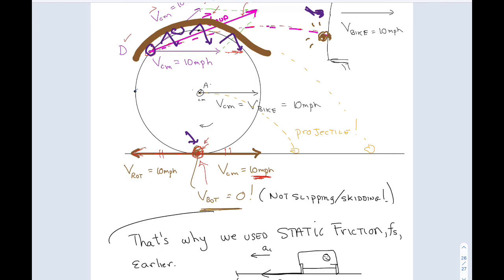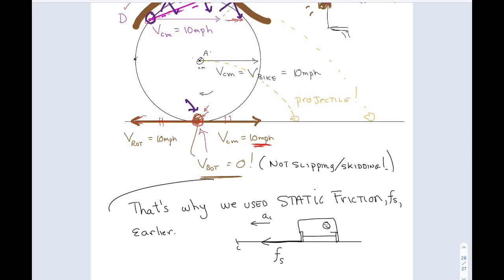So that's why, in the earlier chapters, we had the car coming at us. We knew the acceleration was toward the center, so there had to be some force that pointed toward the center. And we said it's the friction force. And we asked, was it kinetic or was it static? We gave a couple of reasons that it was static.